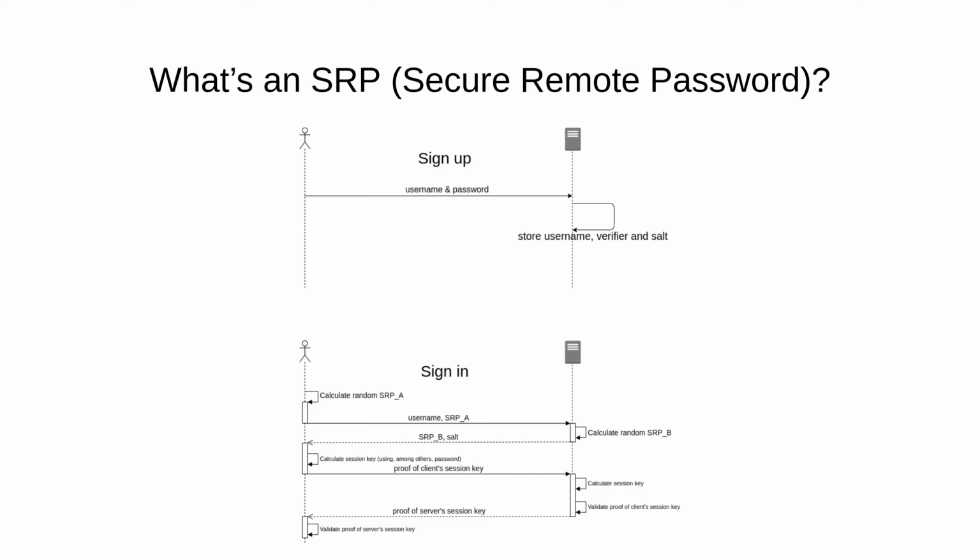So it compares the proof of the key that got calculated by the server. When they match, it means that we got properly authenticated, and it means that now both the client and the server have a session key that they can use to encrypt the rest of the communication that will flow between the client and the server. And as you can see, in this whole process, the password never left the client. The session key that was calculated also never left the client, and it also never left the server.